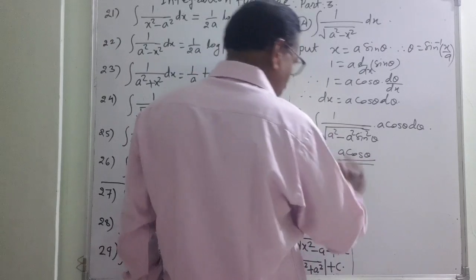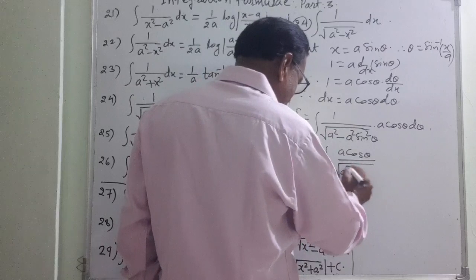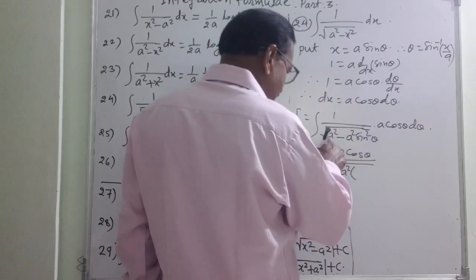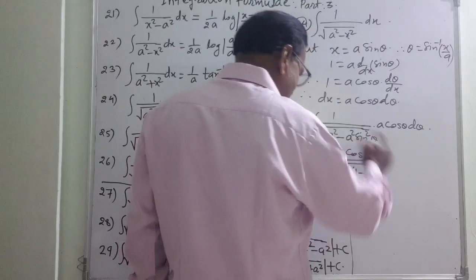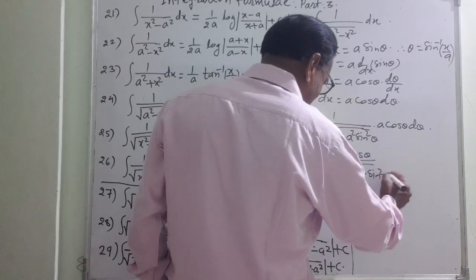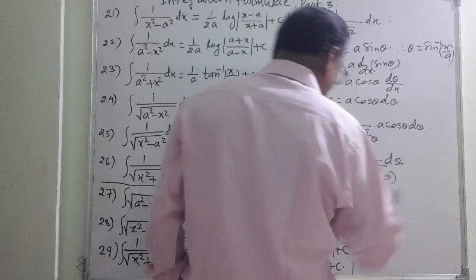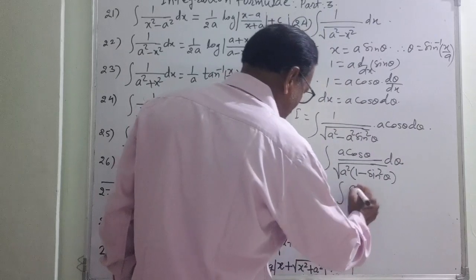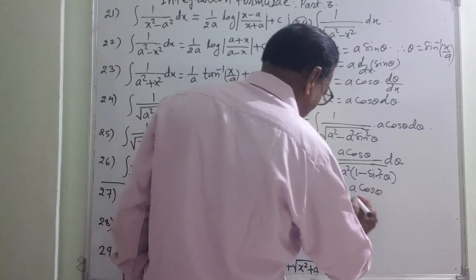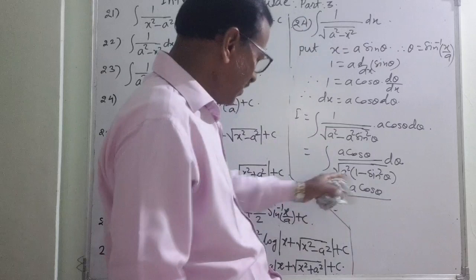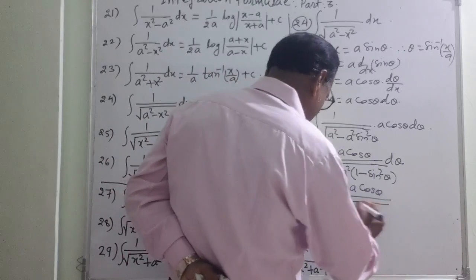Now from this root, I can say that a square is common in the root. Here it will remain 1 minus sine square theta d theta. That is equal to integration of a cos theta root of a square. You know it.